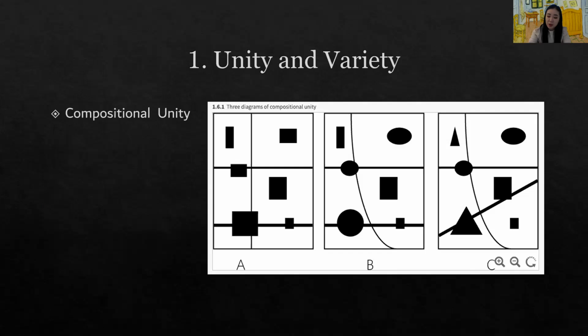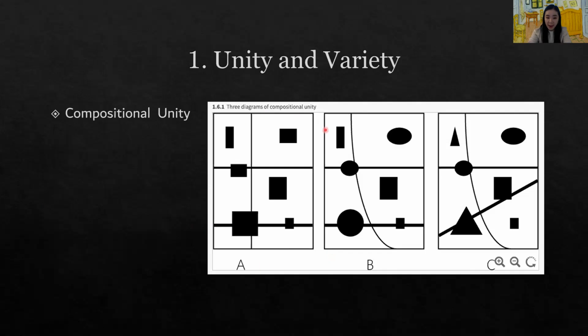An artist creates compositional unity by organizing all the visual aspects of a work. These 3 similar diagrams illustrate the idea of compositional unity.